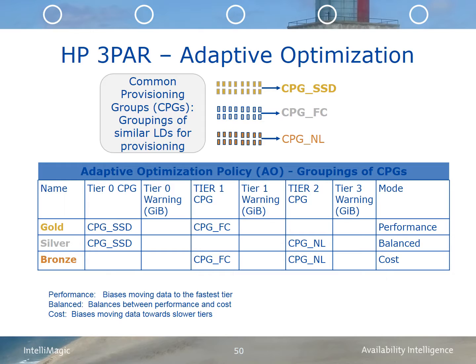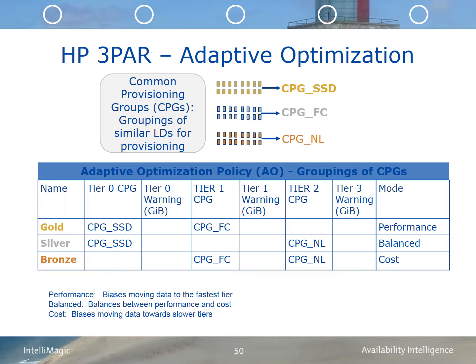So let's look at one of the policies. Let's call the policy gold. In the gold policy, we have a tier 0 CPG, which is the SSD. And we also have a tier 1, which is fiber channel. And we have different modes that we can set to instruct adaptive optimization how to behave.